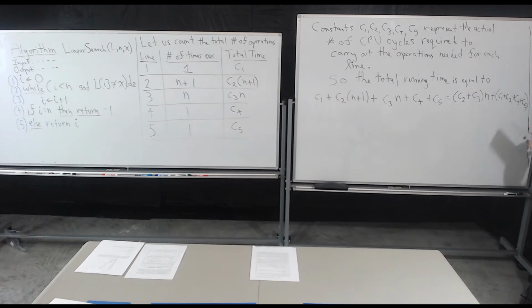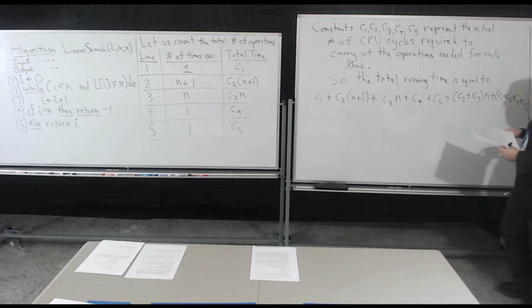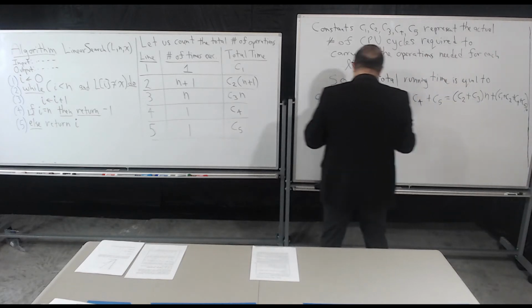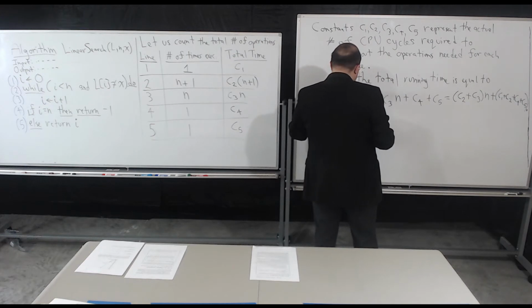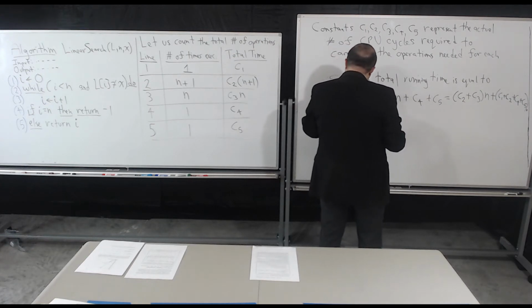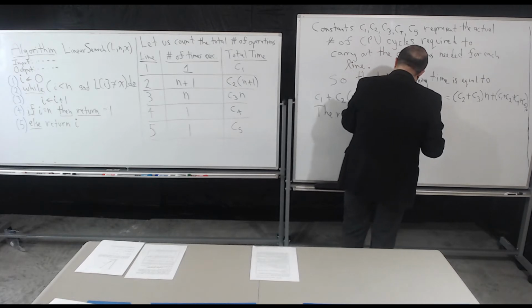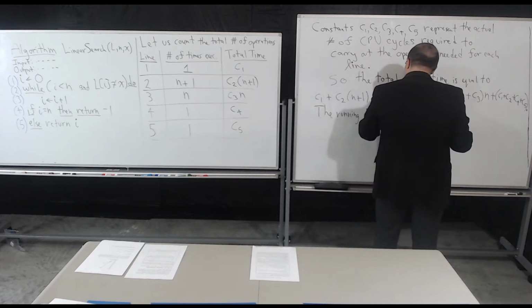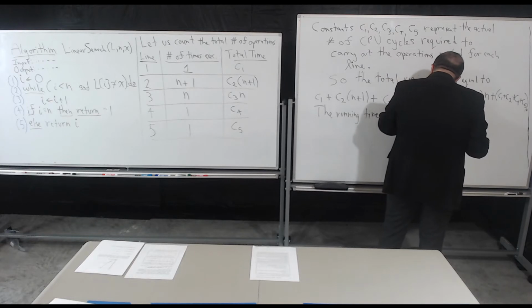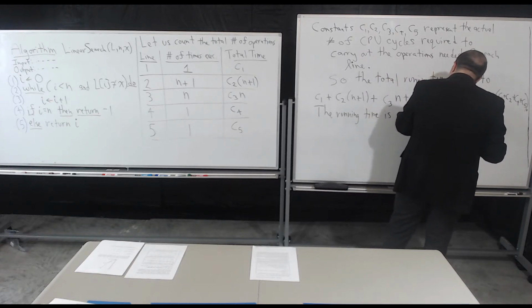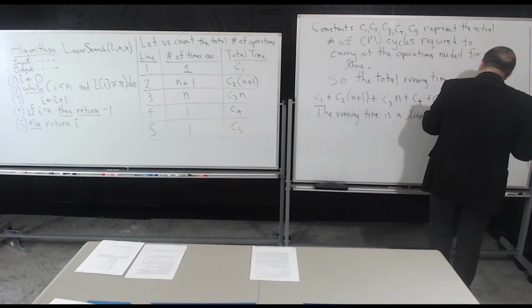So everything's here. Now, I want you to observe the function that this created. What is that called? The running time is a linear function of the input size.